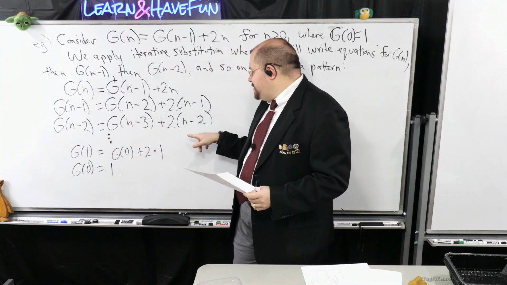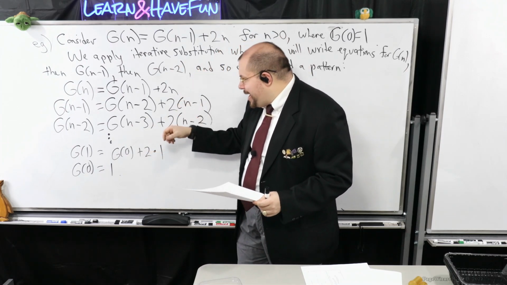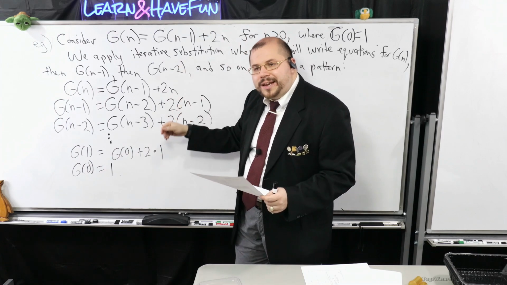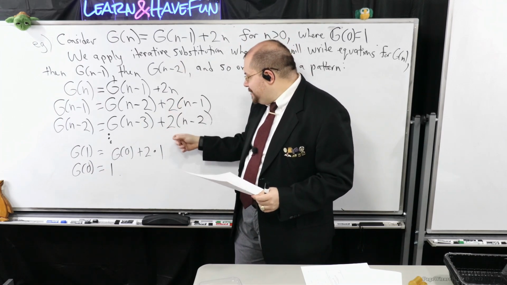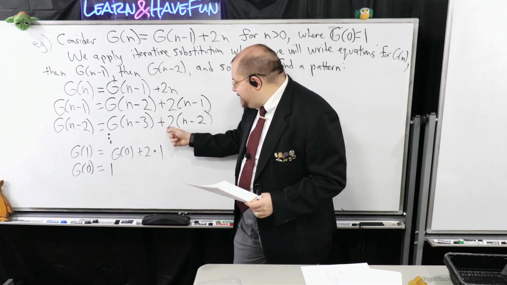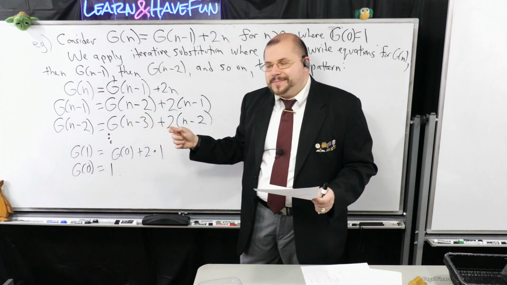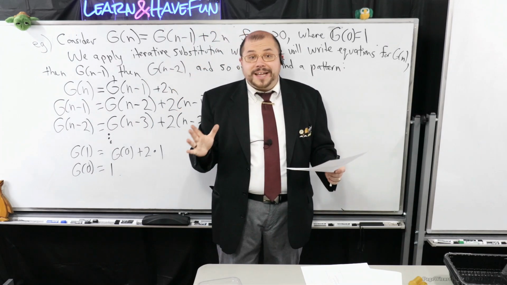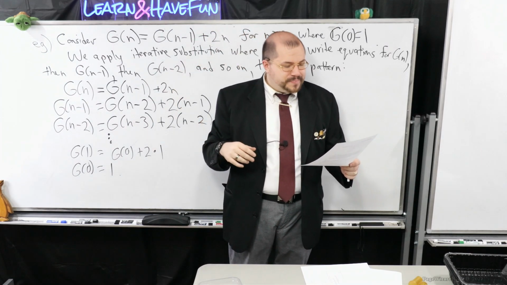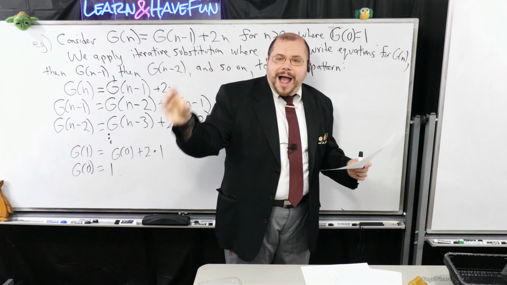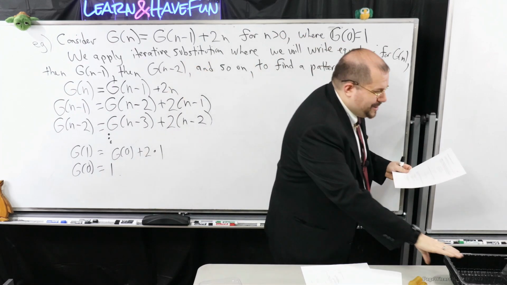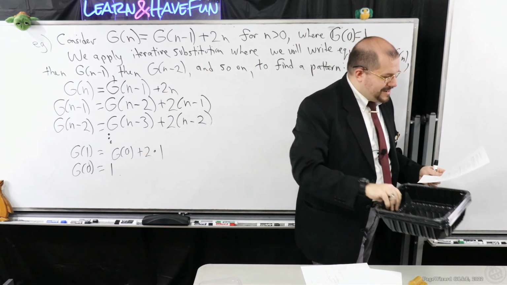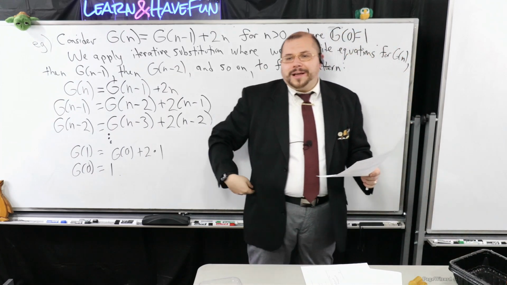Every time I substitute the next equation back in, it's whatever the thing is times 2 that I add to the bucket, until eventually I get up to g of n. Does everybody understand the main idea? The whole idea is I want to know how much garbage is going into my bucket, okay? That's all I want to know.